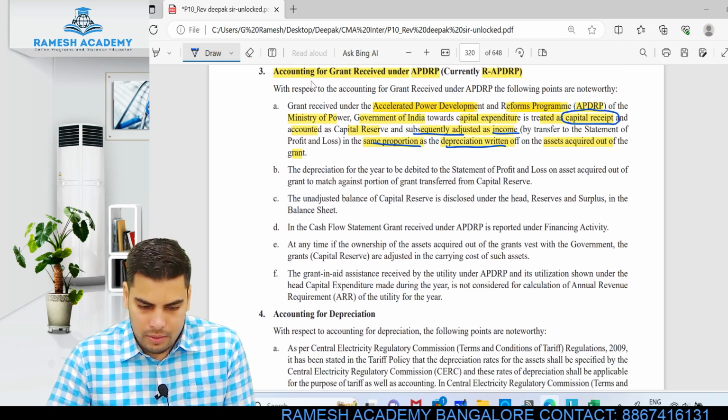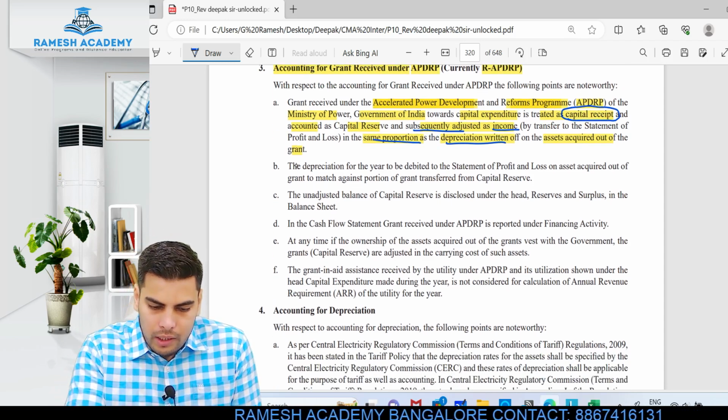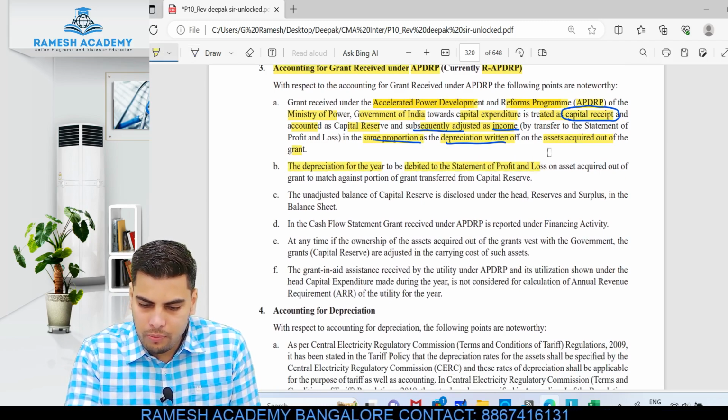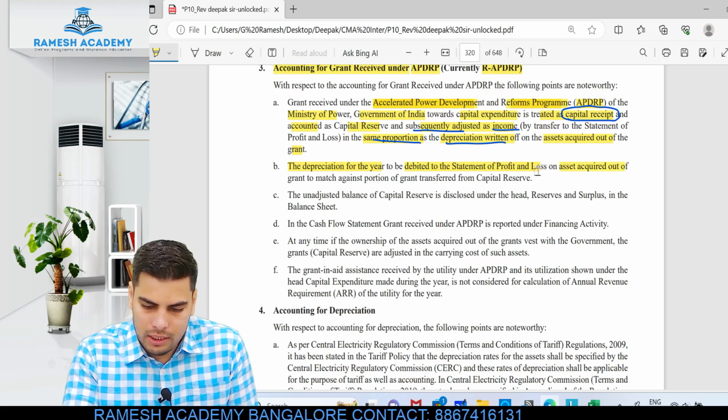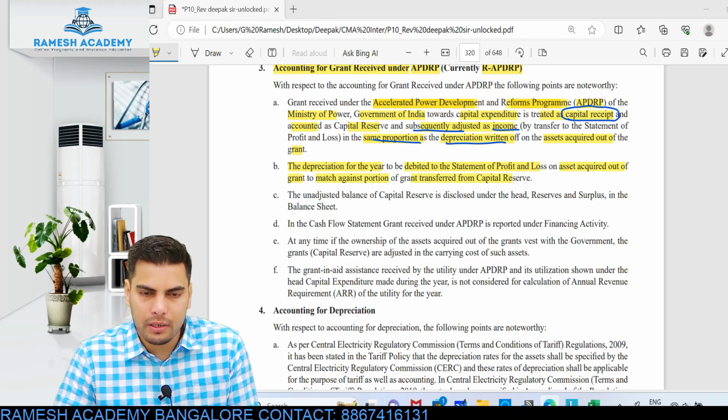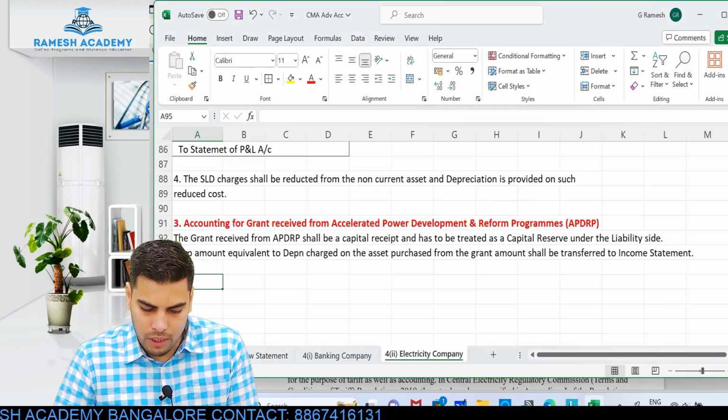Clear? The same thing is being written over here. The depreciation for the year to be debited to the statement of profit and loss on the asset acquired out of the grant to match against the proportion of the grant transferred from capital reserve. So this particular point you will have to remember.